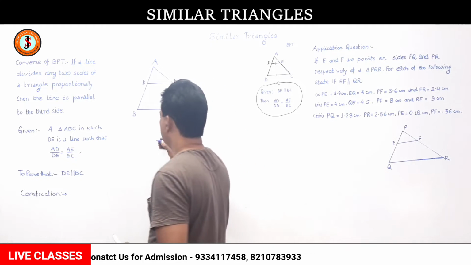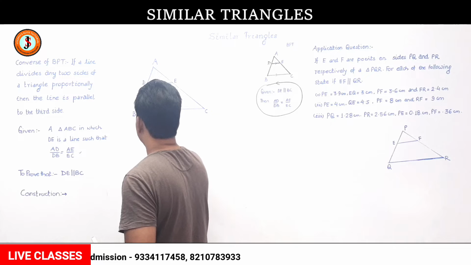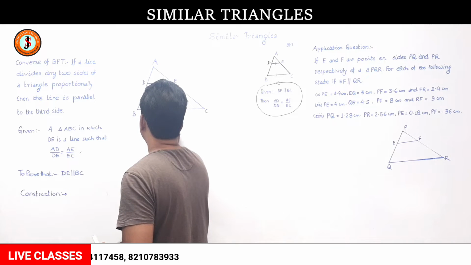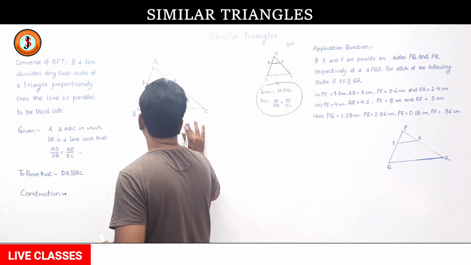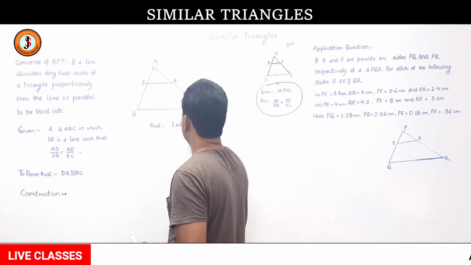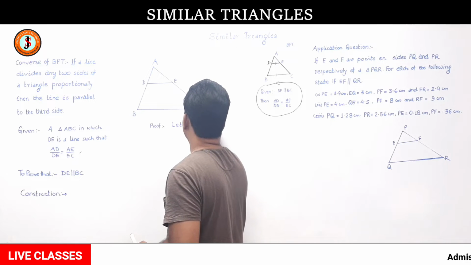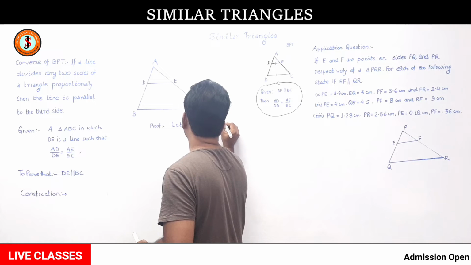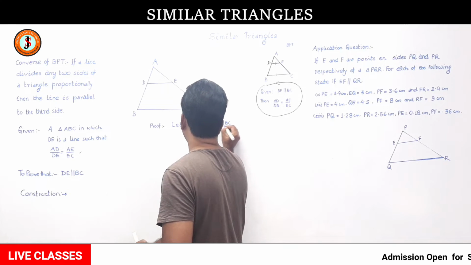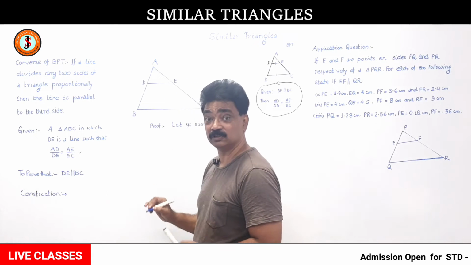Alright, so I am starting the proof. Let us assume DE is not parallel to BC. So, I am assuming that what is given is wrong.